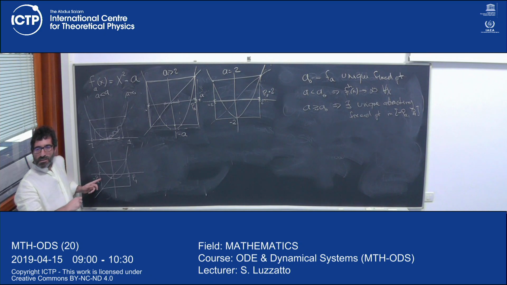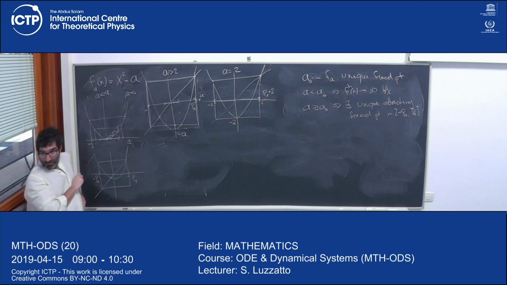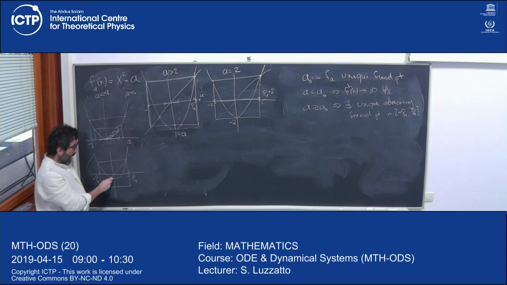Is this still an attracting fixed point? No. No? Why not? Well, this cannot be attracting because the derivative is bigger than 1. Okay? What is the absolute value?